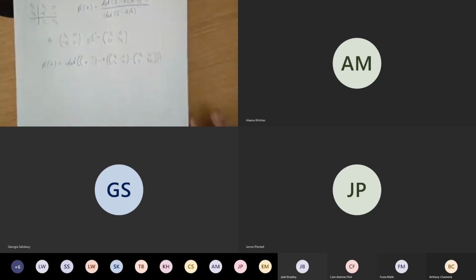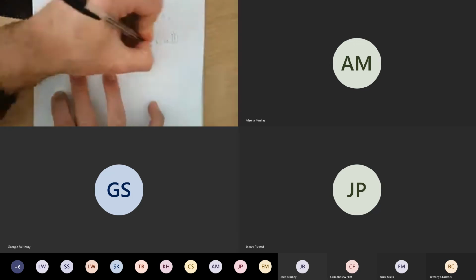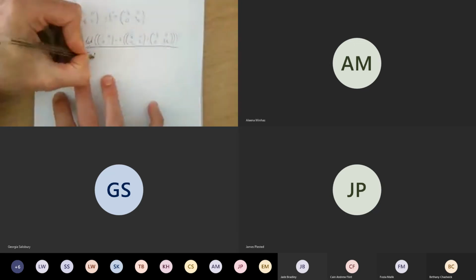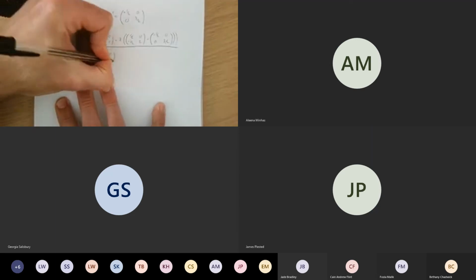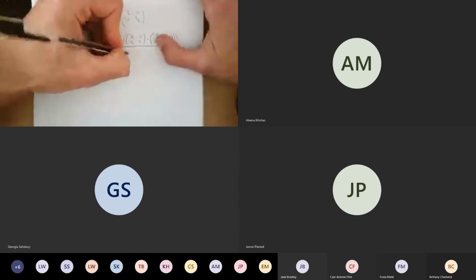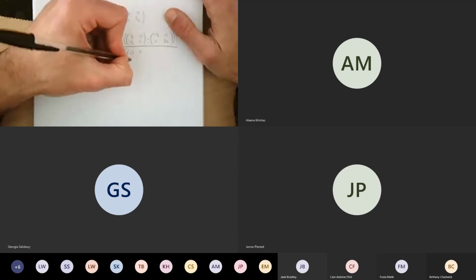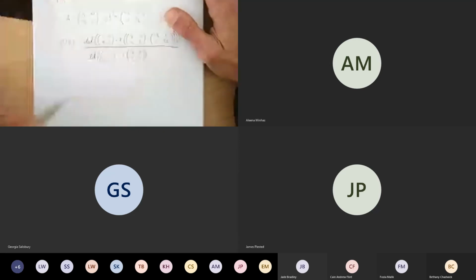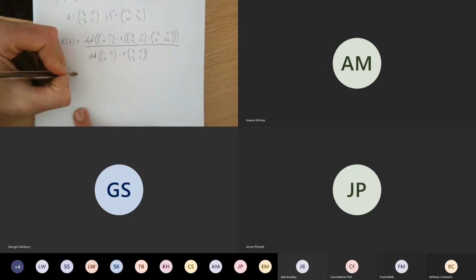Okay, and on the bottom we've got the determinant. Again, we've got our 2 by 2 identity, but minus Z times our A matrix. Okay, so there you can see we've got a couple of determinants to calculate.